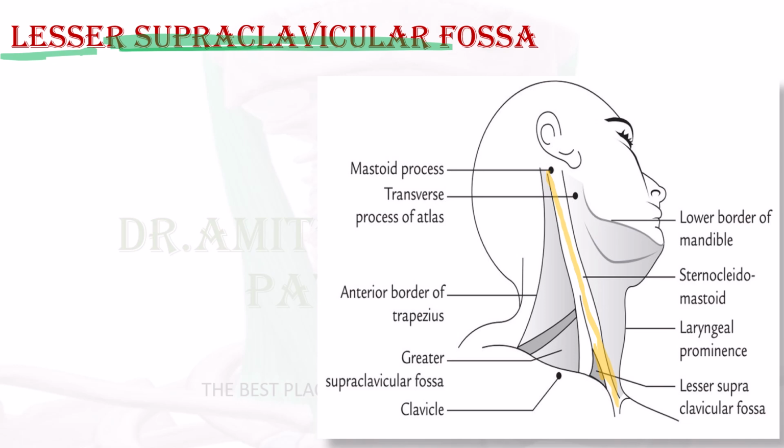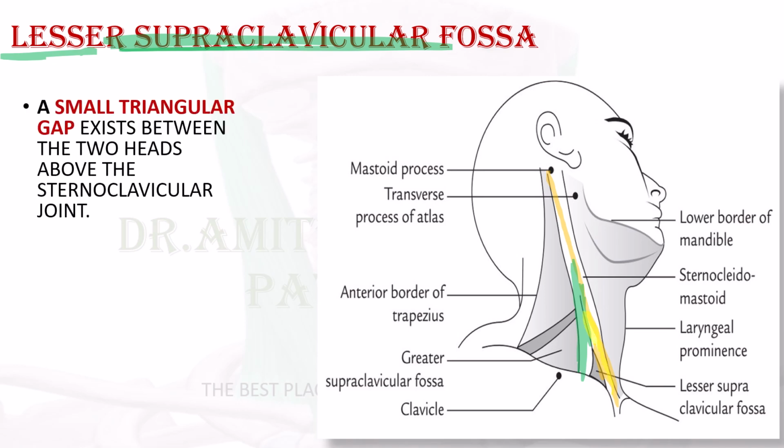Near their origin the muscle has two bellies. Between these two bellies we have a triangular fossa or space. This is known as the lesser supraclavicular fossa, because it is above the clavicle. Behind the clavicle we have the greater supraclavicular fossa.